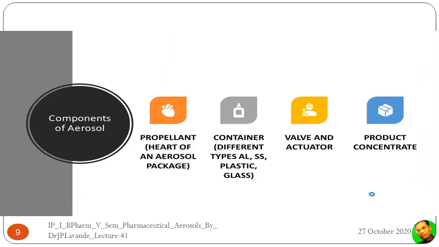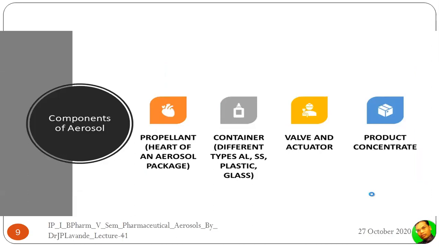Before directly going to all these aspects, let us understand what the different components of the aerosol system are. We know that the whole aerosol device is composed of the propellant system, which is known as the heart of an aerosol package.